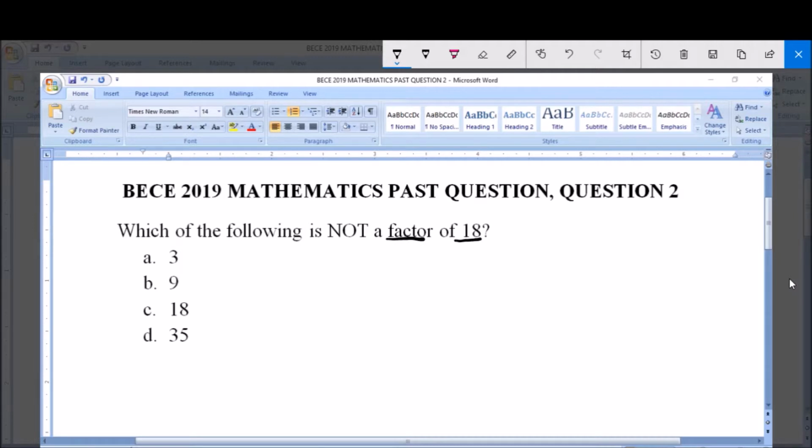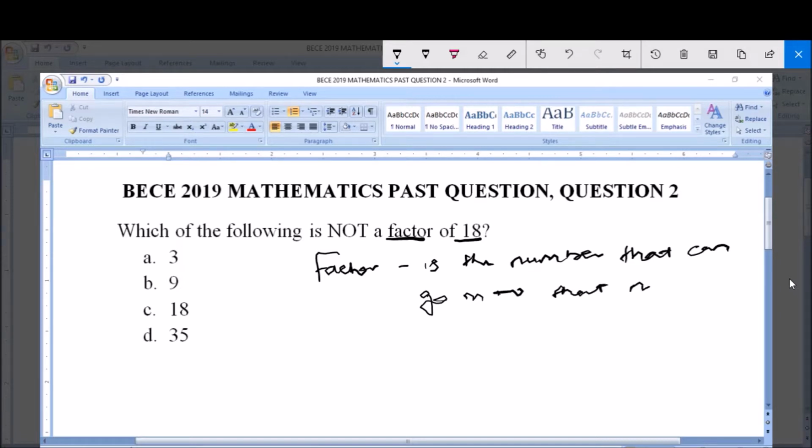Now what is a factor? A factor of any number is the number that can go into that number without a remainder. I'm going to give an example.